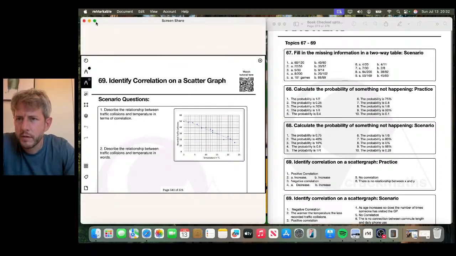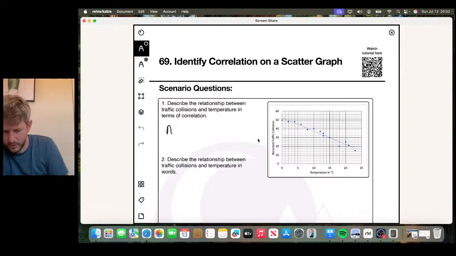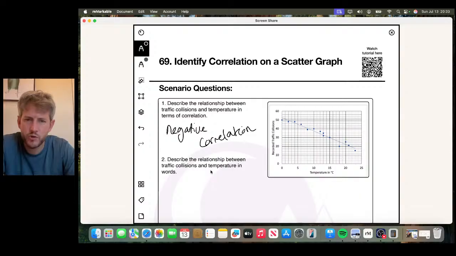Scenario questions. Let's go. 1. Describe the relationship between traffic collisions in terms of correlation. Okay. Describe the relationship between traffic collisions and temperature in words.